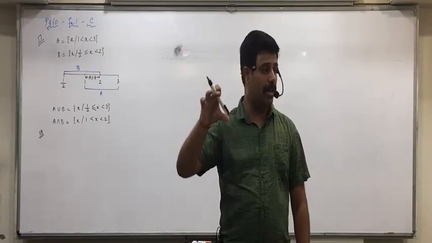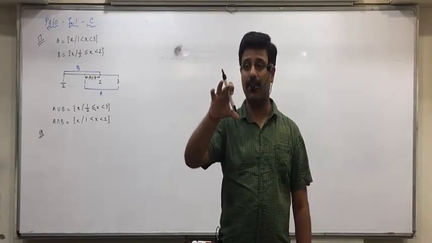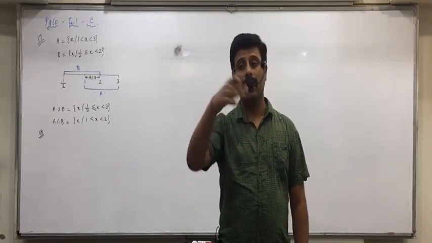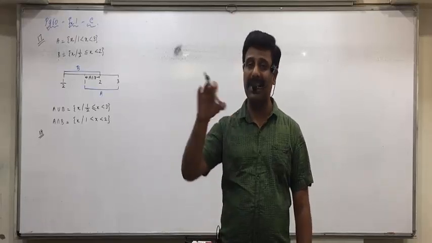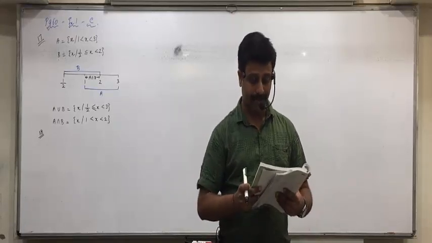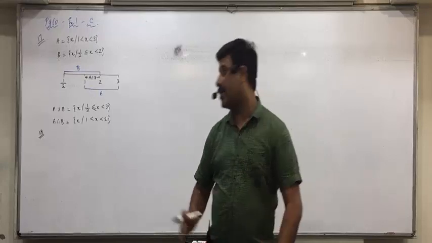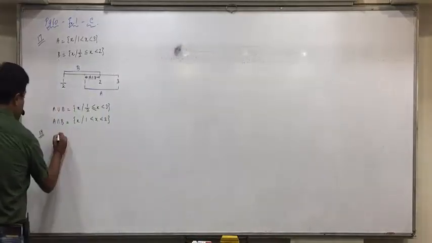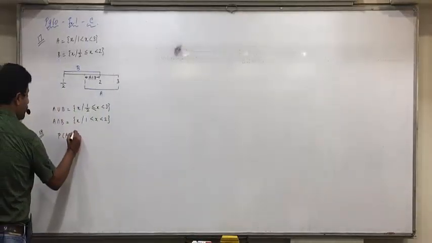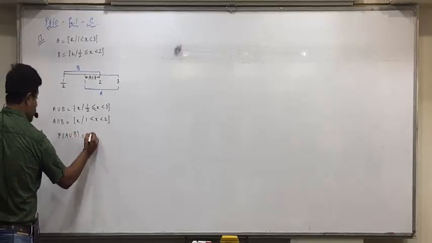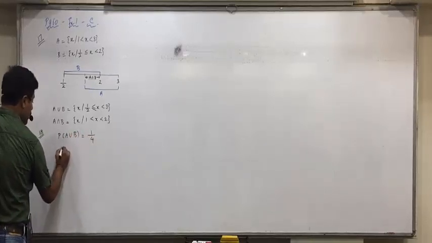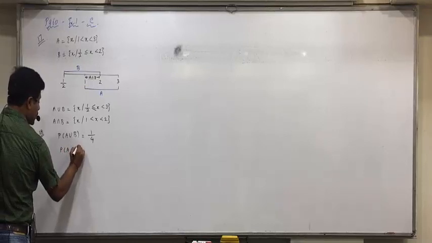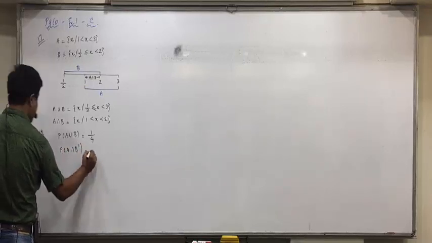The heading which I made you write for the first diagram was A occurs but B does not occur, and the second was B occurs but A does not occur. Now find the probability of event B. Now write down P of A union B is given as 1/4. P of A intersection B not is given as 1/5.